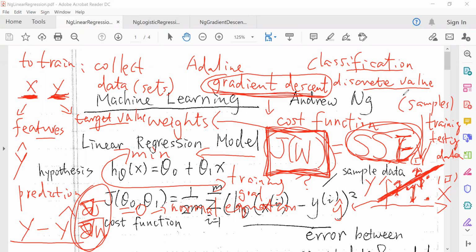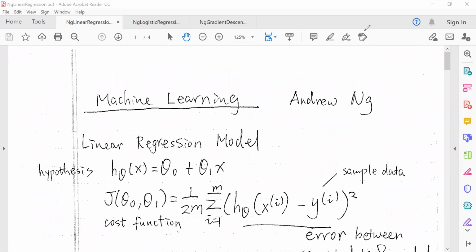Gradient descent is where you're going to take a step. The basic idea for gradient descent is you're going to take a step to try to find the optimized weight.